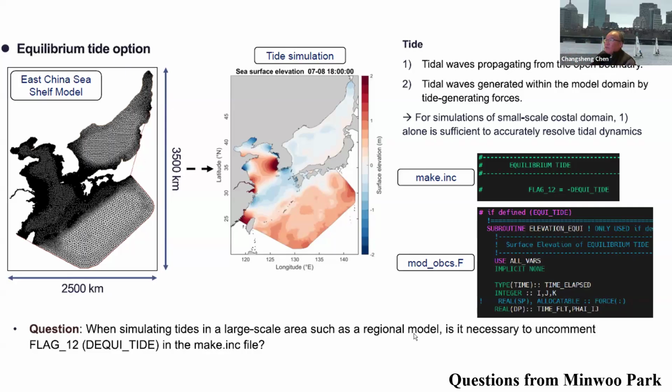If the region is too small, the equilibrium tide is very small, so you can always turn it on, but it probably won't affect any solution. But when the domain is larger, you can turn it on and see that equilibrium tide does cause oscillation and tide elevation. Then you need to include it. That's my answer to your question.